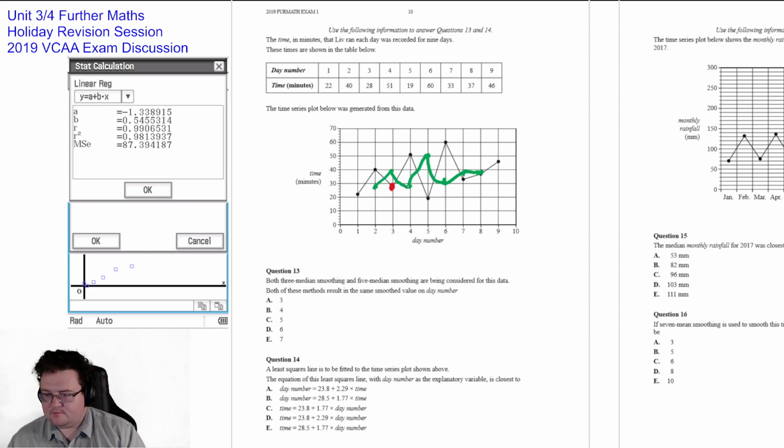About 40. Next one along, 1, 2, 3, 4, 5. It's going to be about there. Next one along, 1, 2, 3, 4, 5.